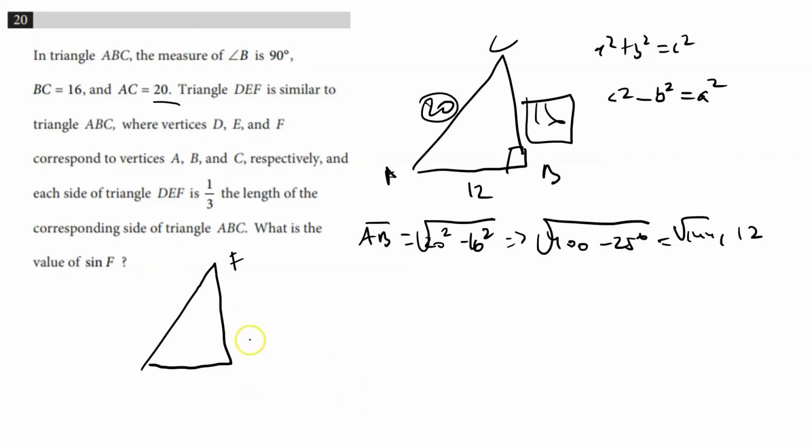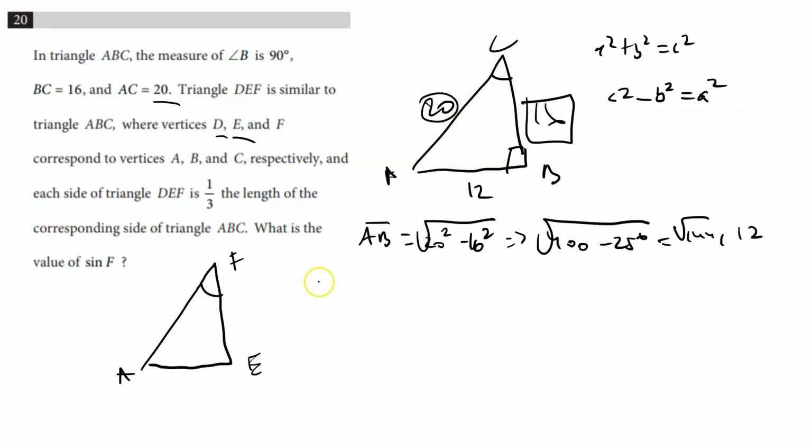And that means vertex E corresponds to vertex B, and vertex D corresponds to vertex A. And what are we trying to find? We're trying to find the value of sine F, so the sine of this angle. And note, because these are similar triangles, we're basically trying to find sine of this angle C.